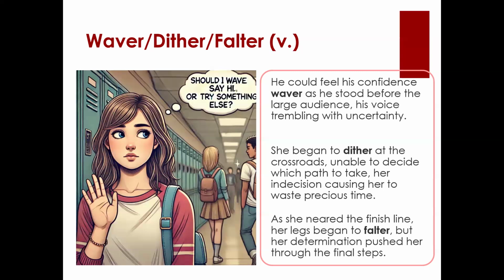Or should I use the other, dither, the other method? So she's like, should I change? Should I alter the way I say hi? The falter, right? W, D, F. And sometimes I find using obscene language a little bit helpful, right? So WDF. Okay, waver, dither, falter.